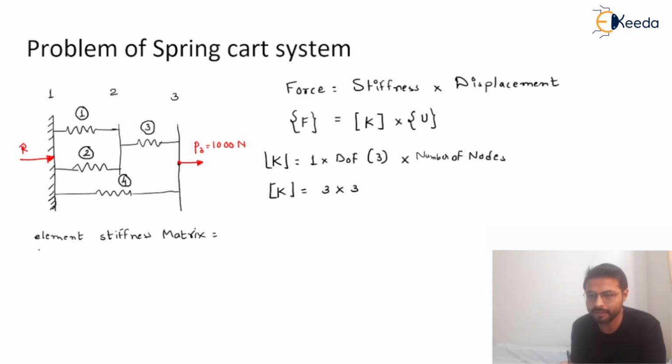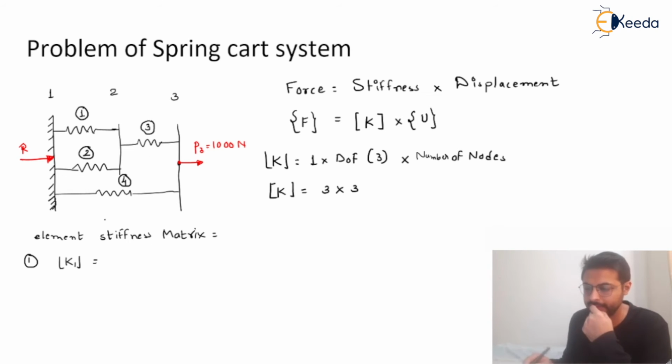For element number 1, K1 equal to, value is given and it is in between node number 1 and node number 2. So first let me write it down.